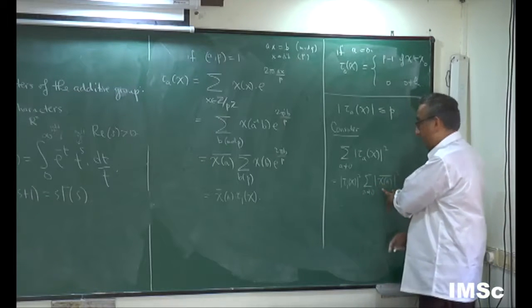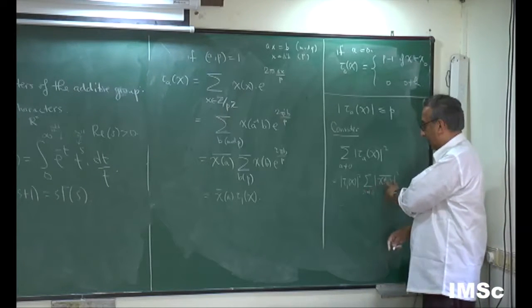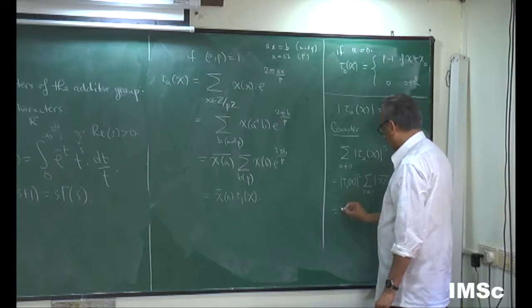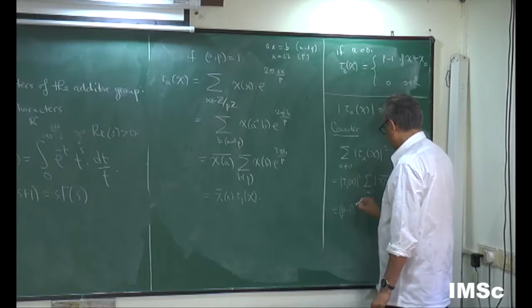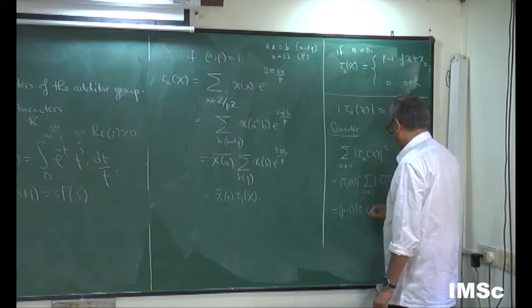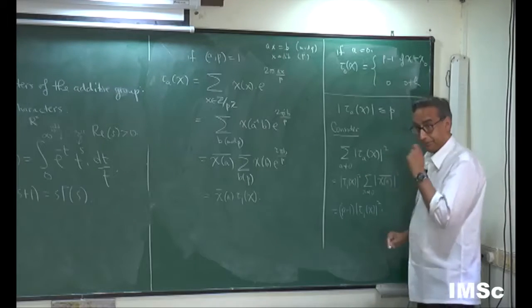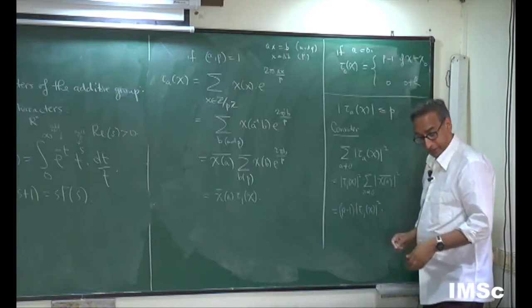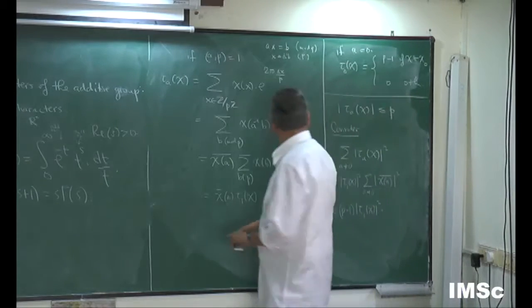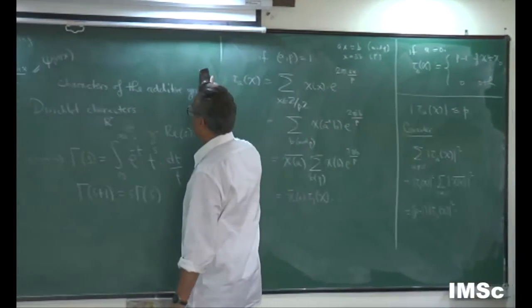But each of these is 1. So I end up getting p minus 1 times the modulus of tau 1 of chi squared. Fair enough?